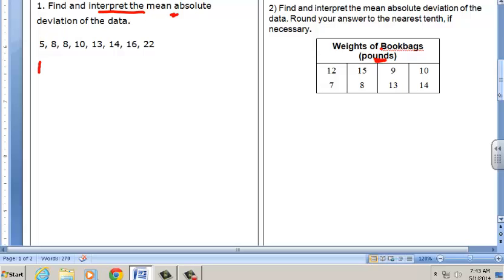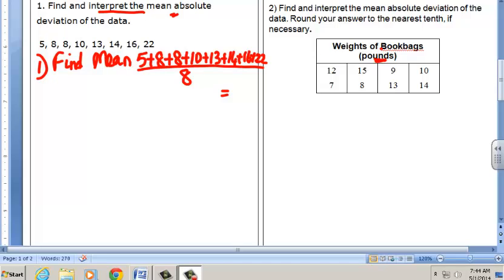Let's do step 1. Find the mean. When you find the mean, you will figure out that it is 96 divided by 8, which is 12. That's the mean, 12.